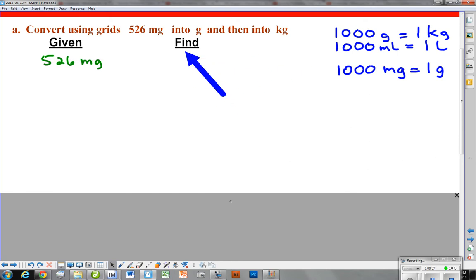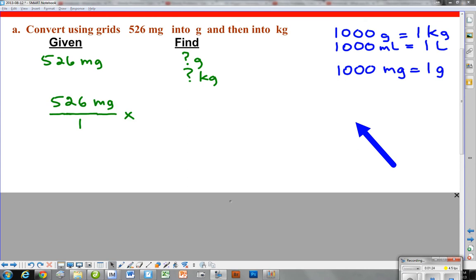So in my find, I've got to put that down. First of all, how many grams does that represent? And secondly, how many kilograms does that represent? And so we have to do this as a two-step problem. Normally I would do it all in one string of fractions, but this one requires it to be a little bit different.